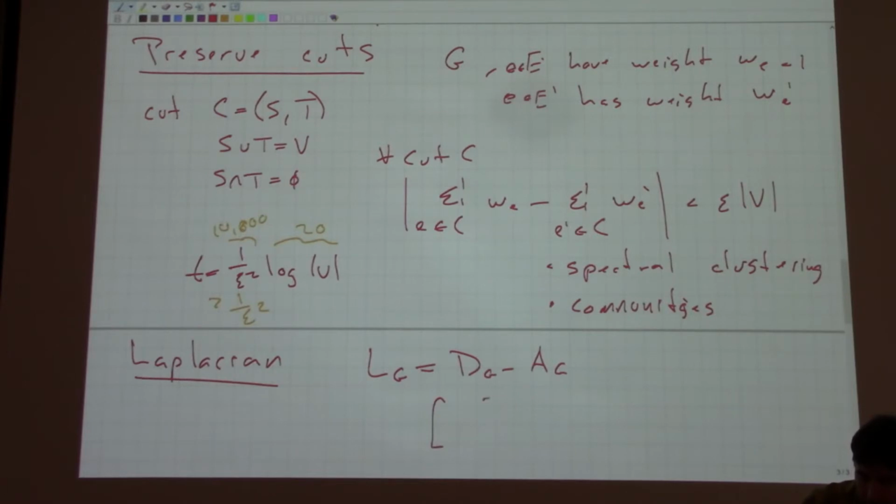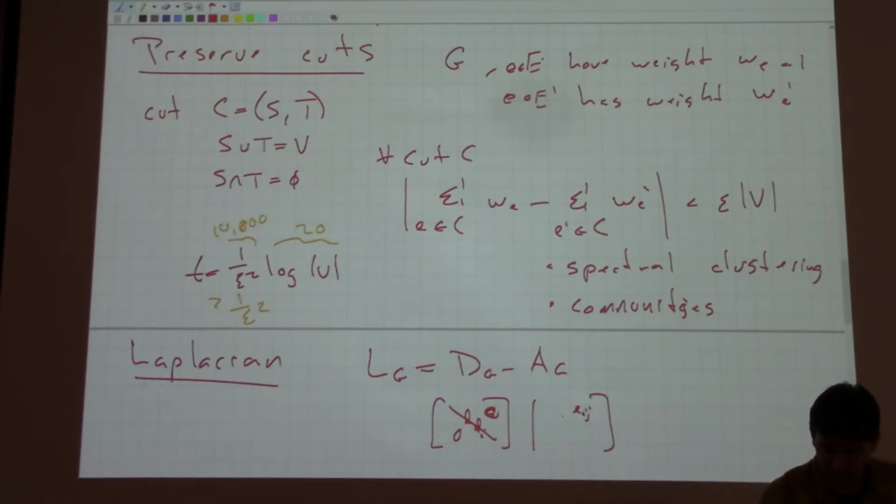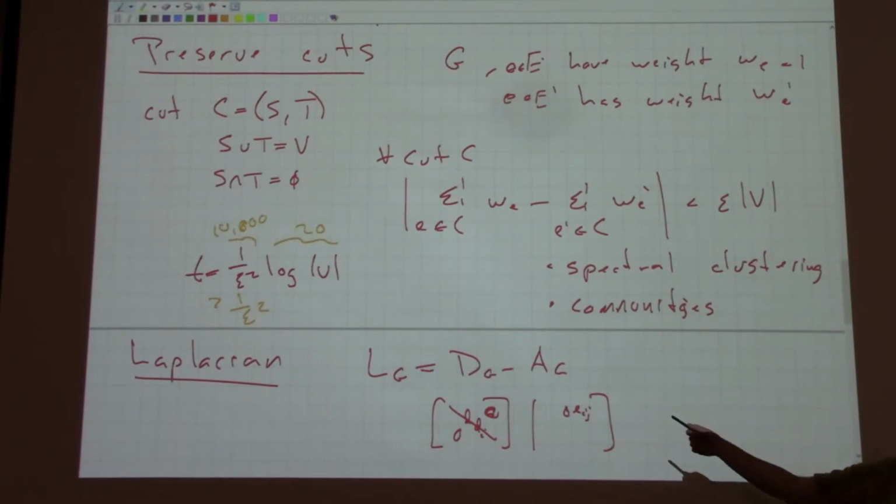So the degrees are on the diagonal, and the rest is 0. And the adjacency matrix entry e_ij is 1 if there's a connection, otherwise it's 0 if there's no edge. This was the unnormalized Laplacian matrix.